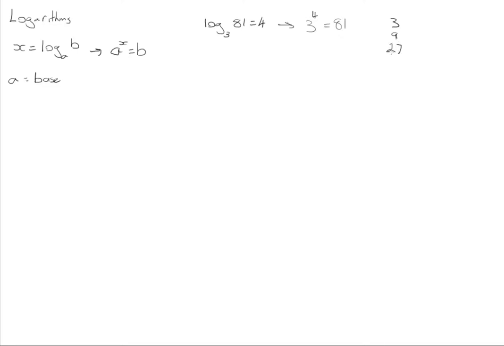Now, if we times 27 by 3, think about it, 20 times 3 is 60, 3 sevens are 21, 21 plus 60 is going to be 81. So we've got 3 to the power of 1, 3 to the power of 2, 3 to the power of 3, and 3 to the power of 4. And that gives us 81.